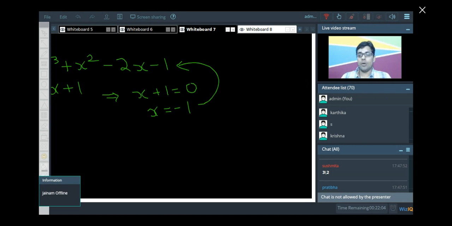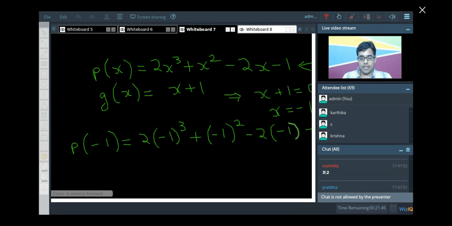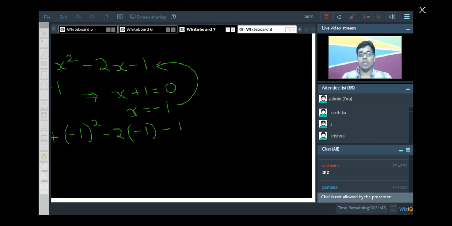That will define the factor according to the factor theorem. It will become p of minus 1, which is 2 multiplied by minus 1 cube plus minus 1 square minus 2 multiplied by minus 1 minus 1. Now we can solve this further.